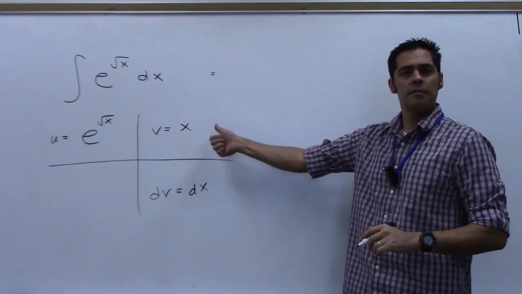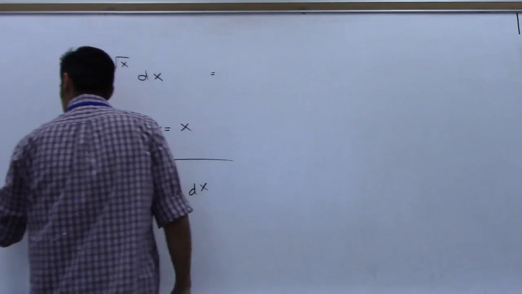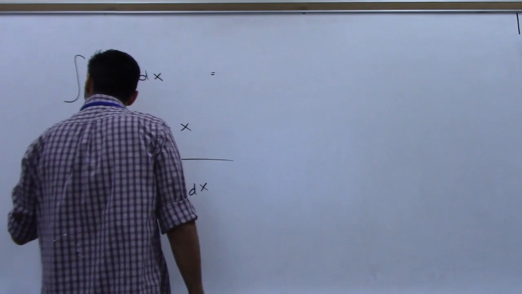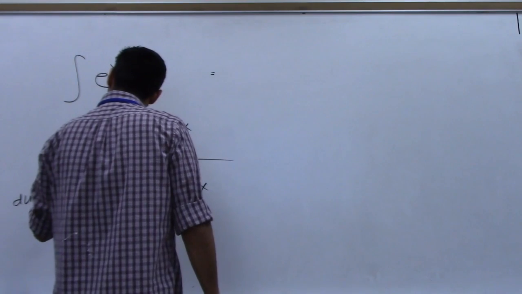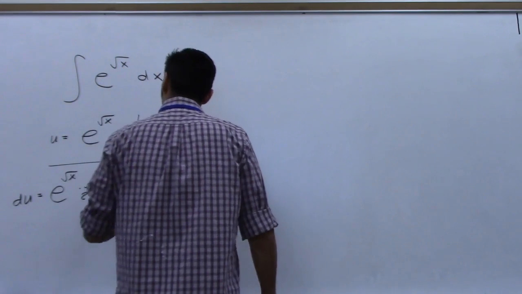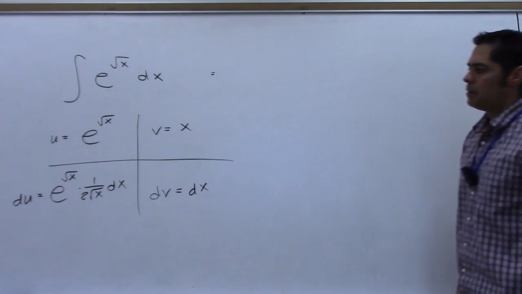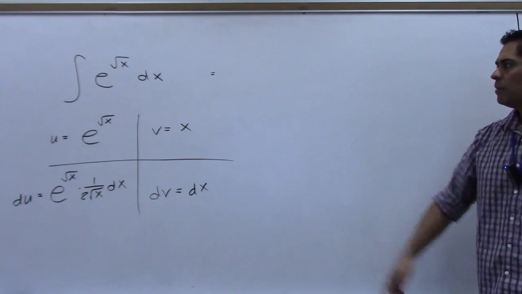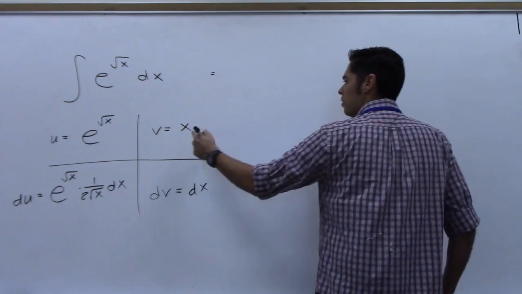This is right. And then coming down here, it's a little more complicated. This will be itself times the derivative of what's up there. Like that, right? So the derivative of square root of x is 1 over 2 root x. Any questions on that? Okay, so let's do ultraviolet minus voodoo.